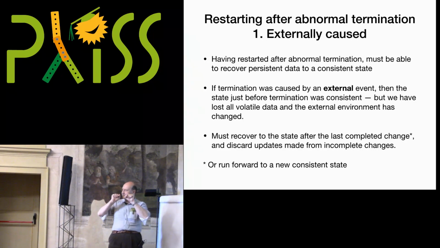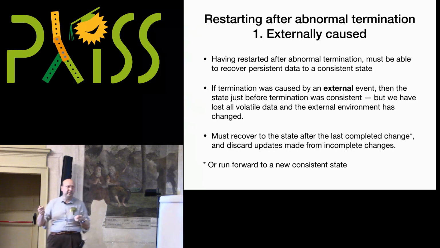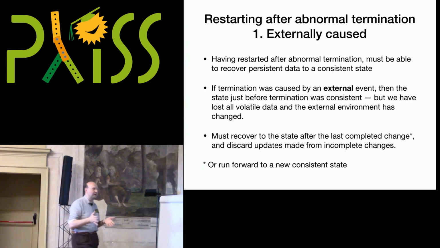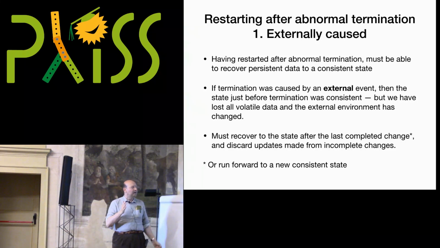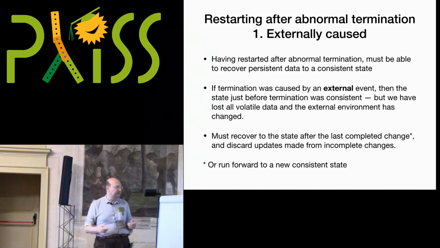The moment before the signal arrived, or the moment before the power went out, it was doing exactly what it was supposed to be doing. And so we don't need to go very far back, because things were good. We potentially have to unwind only a short period, because there was no fault.